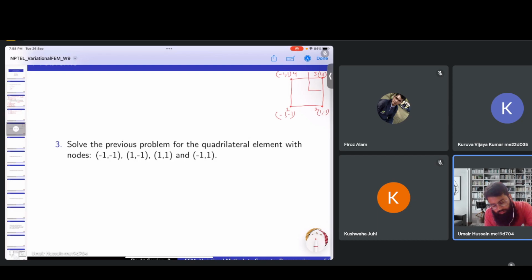So this again is the standard master element for the quadrilateral elements.